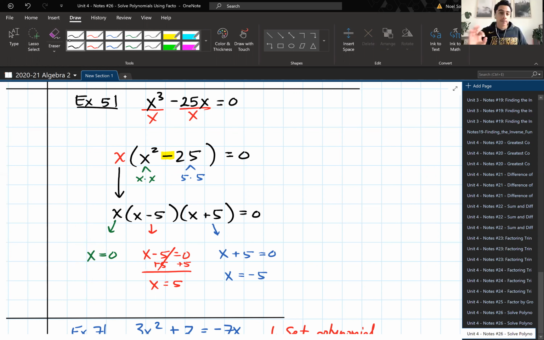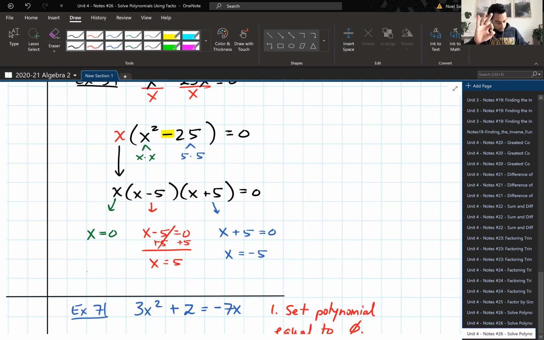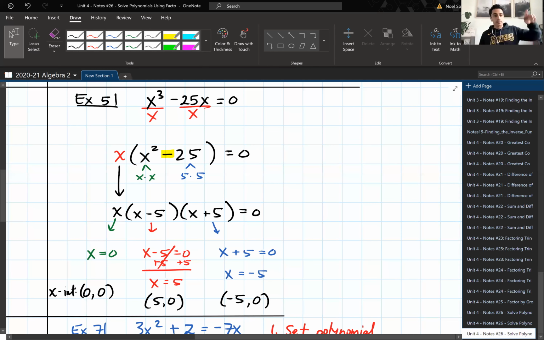So now my 3 intercepts. What are my 3 intercepts? Write them out as coordinates. So 0, 0 is the first x-intercept. The next one would be 5, 0. The last one will be negative 5, 0. All right, so we have a cubic polynomial crossing through the x-axis in 3 different locations.